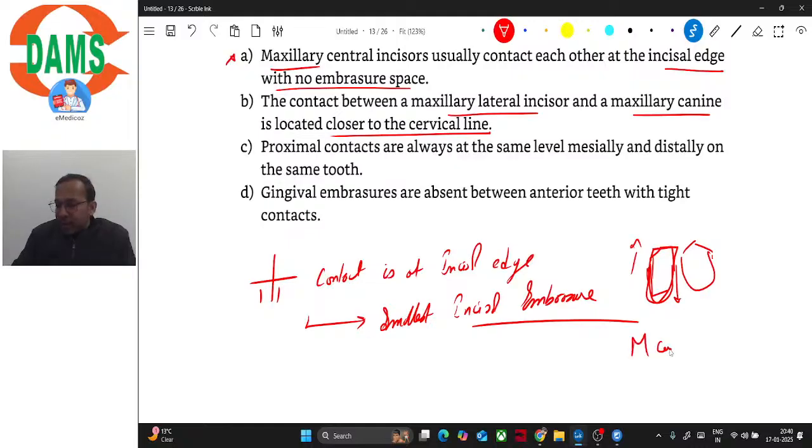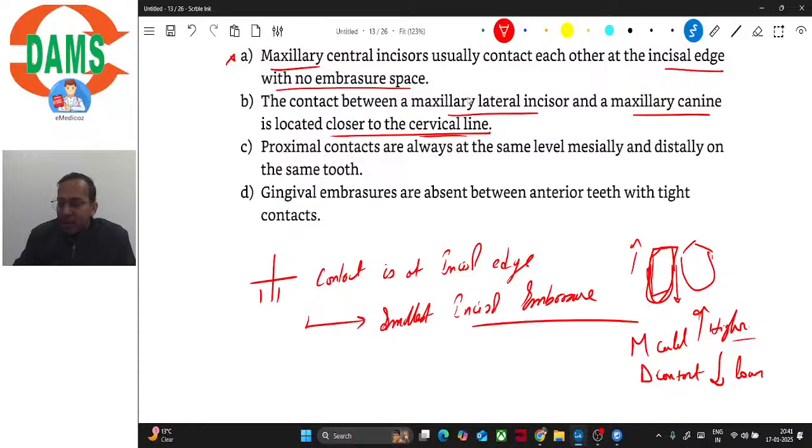So mesial contact would be higher and distal contact would be lower. Option D says that the contact of the lateral incisor with the maxillary canine on the distal side is more cervical.